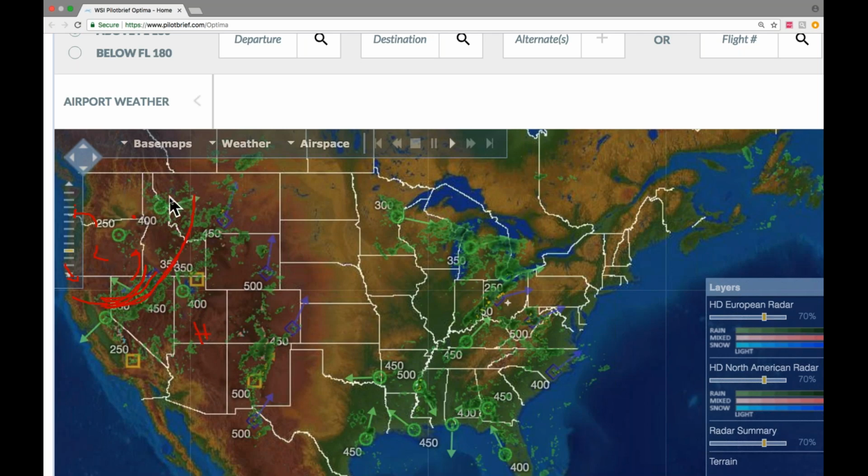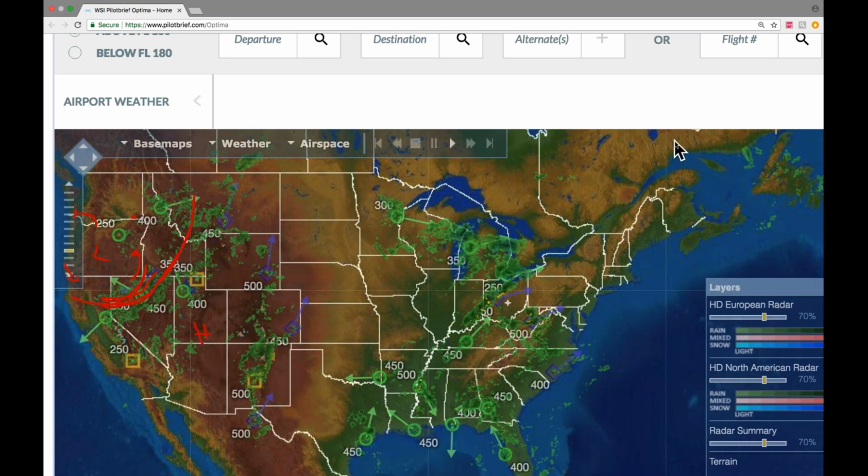But as the air runs out of that moisture and is pushed along this area, you can see that it basically is dry, and the winds, at least on the surface, are likely going to be coming from the east.